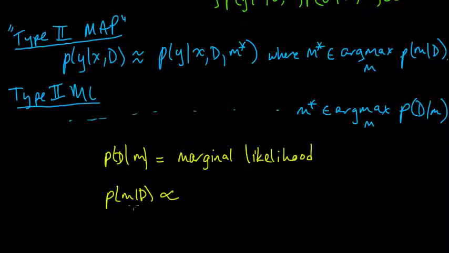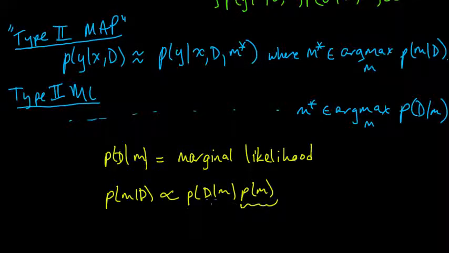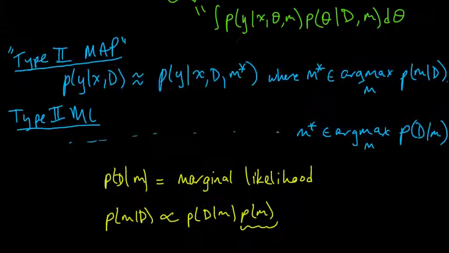If a uniform prior over the models is not a proper prior, then it would be an improper prior. But since the posterior on models is proportional to the marginal likelihood times the prior on models, then if this was uniform, it would just be proportional, and so maximizing one is the same as maximizing the other.